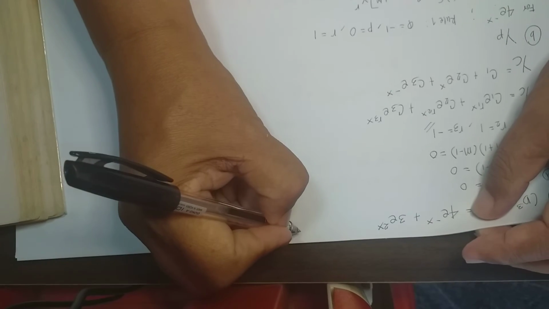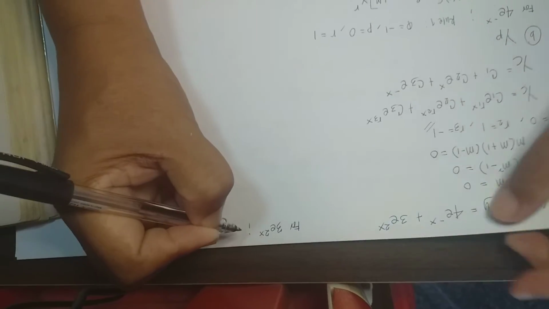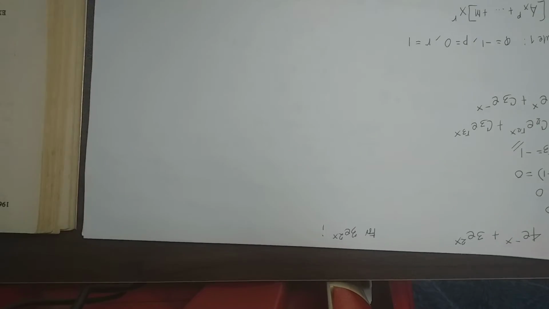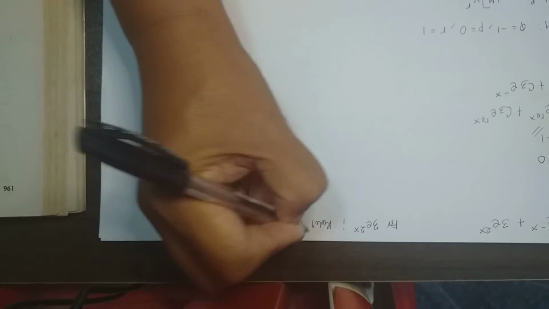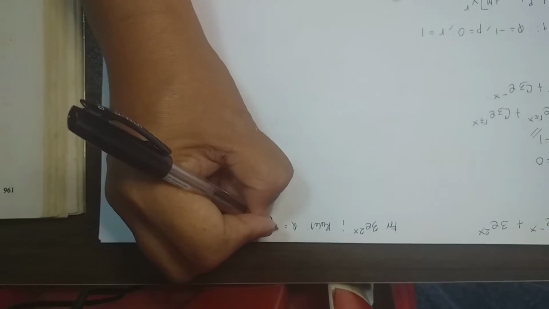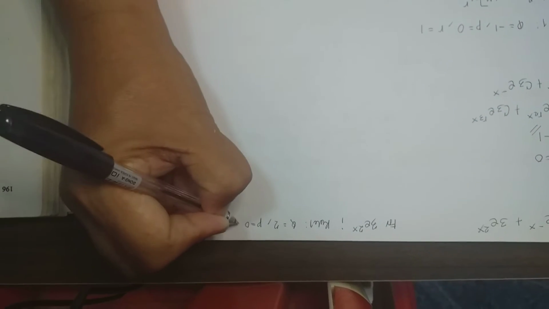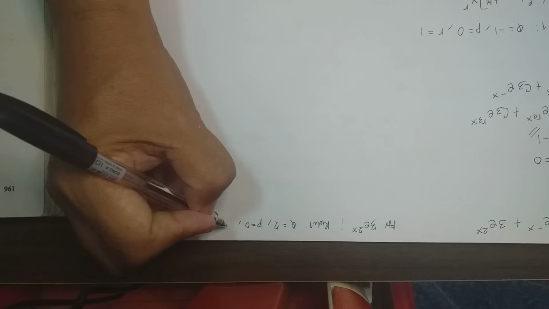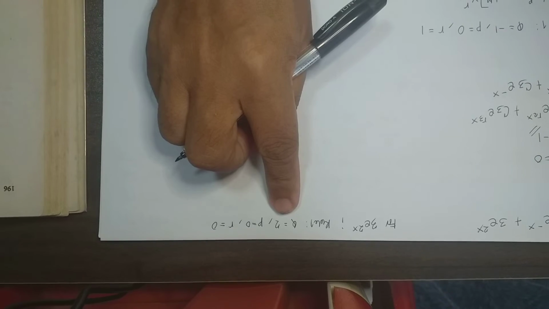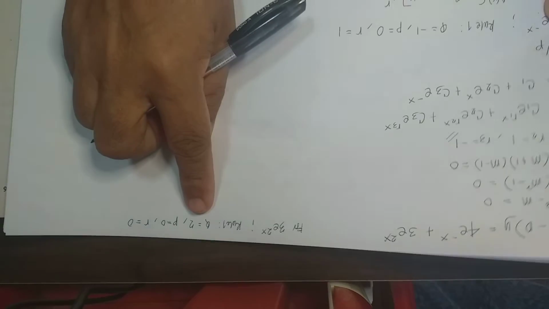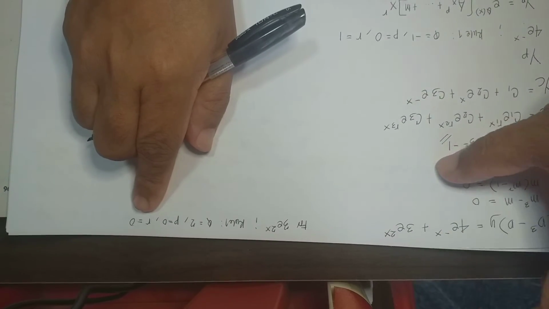Now for 3e to the 2x. Okay, so we have to use, again, rule number 1. What is our q? This time, our q is 2. Your p is still 0. And your r is 0 this time since 2 is not a root of the auxiliary equation. So it is not a root of the auxiliary equation, therefore your r is 0.